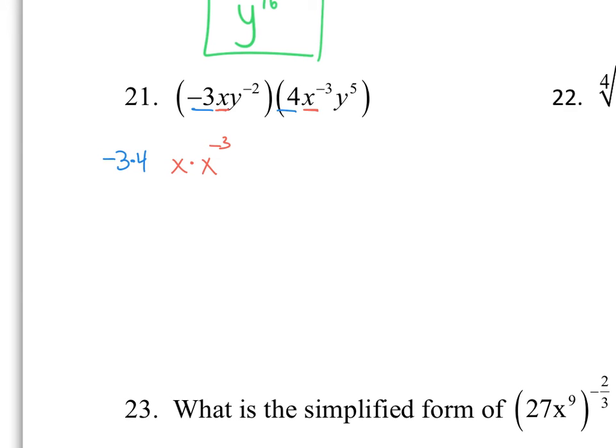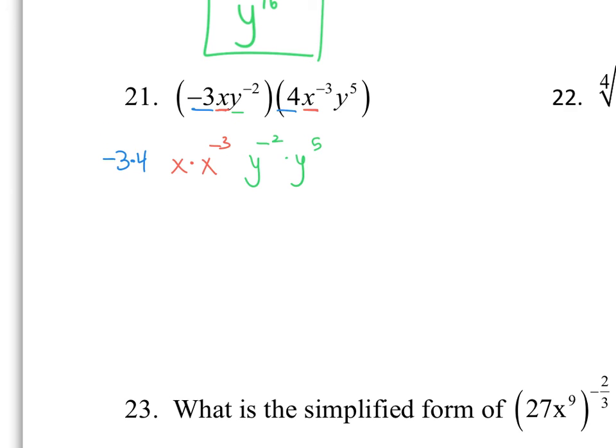Your next set of like bases are your y's. Okay, we don't want to start moving exponents around yet because maybe when we multiply them, negatives become positives, so we want to first do the multiplication part, and then let's see what's negative, okay?